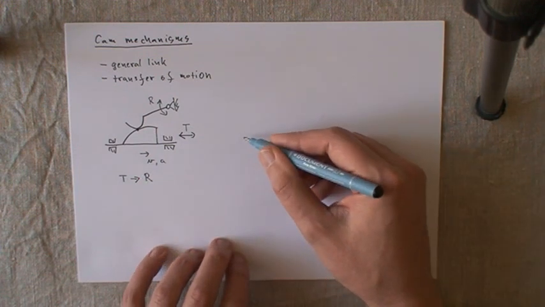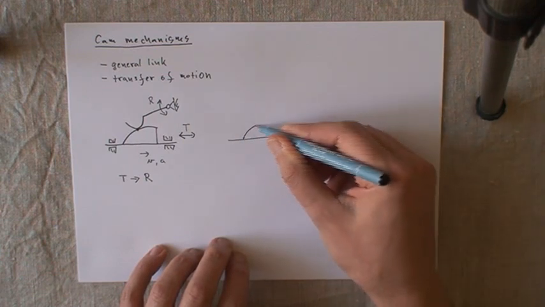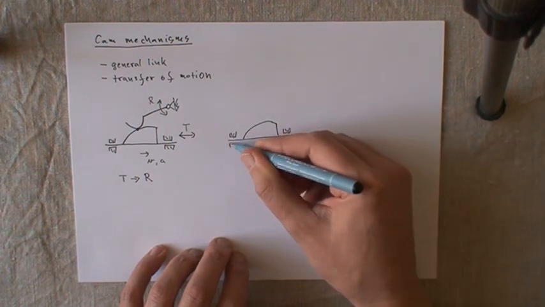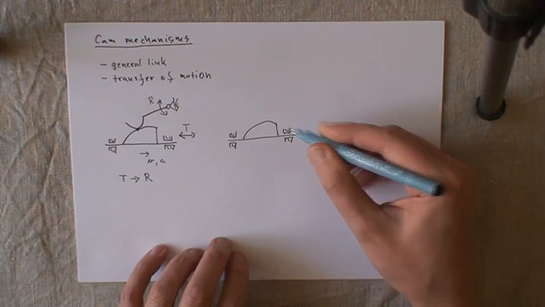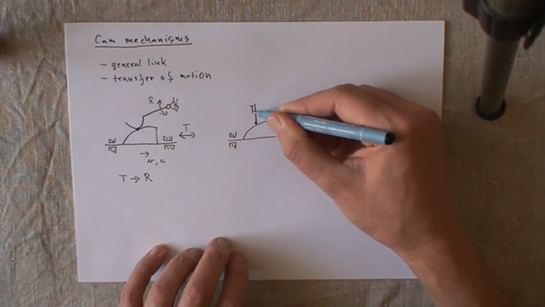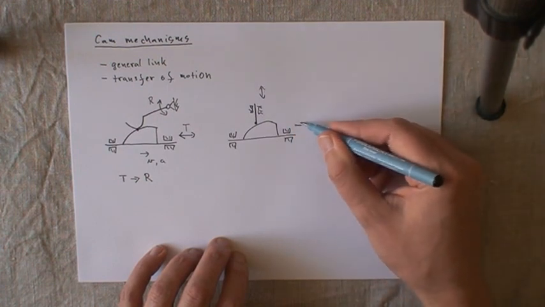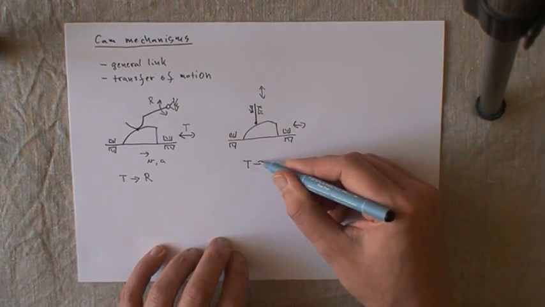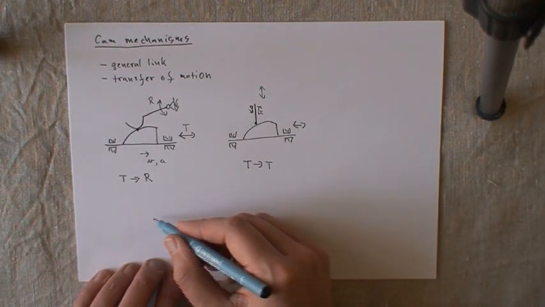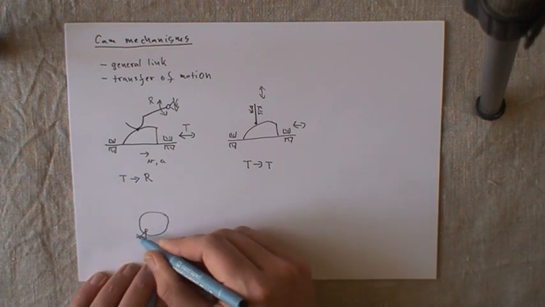For example, if we have a translation, then this could also be translation. So we have translation to translation. And we of course can have a rotation, for example, like this one.